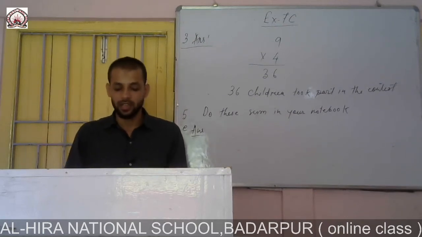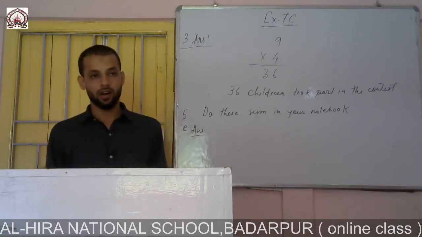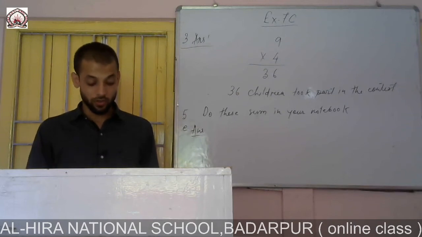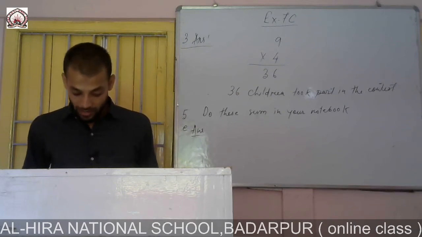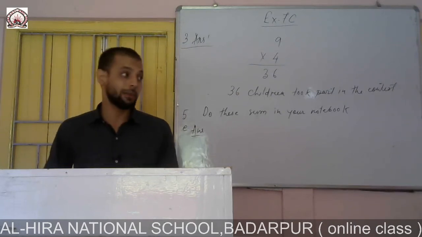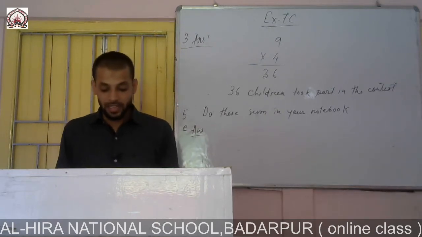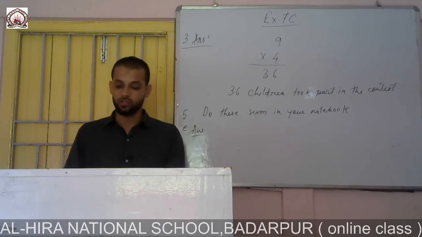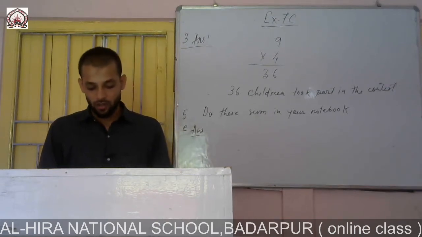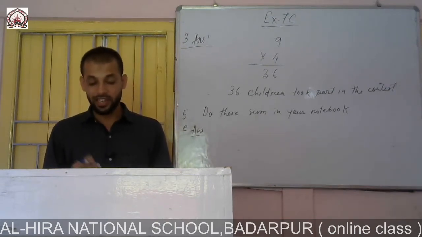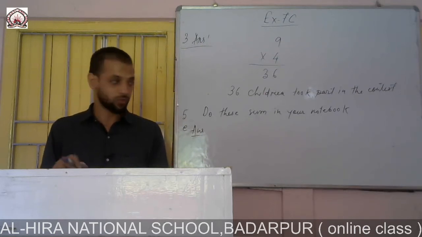Which month's calendar is it? We have to write the month. Each month has 4 rows, and each row has 7 days, since it is known to us that 1 week equals 7 days.